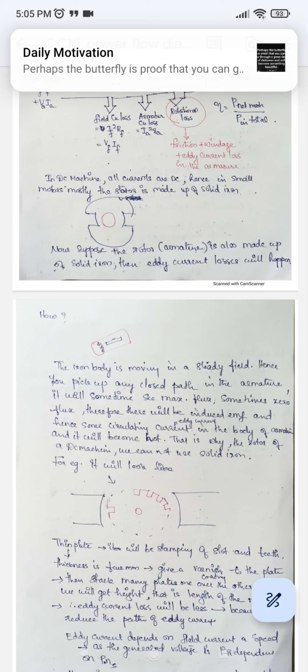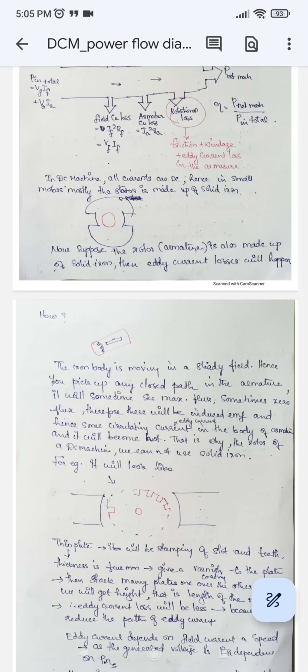The rotor in its rotation is experiencing a stationary field from the stator, isn't it? So the rotor will cut the stationary field and definitely there will be an EMF induced in the rotor, and if the rotor has closed paths, then there will be a circulating current in the rotor which you call an eddy current.